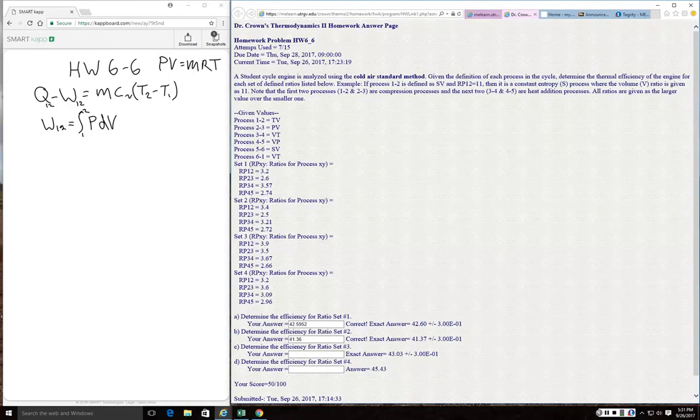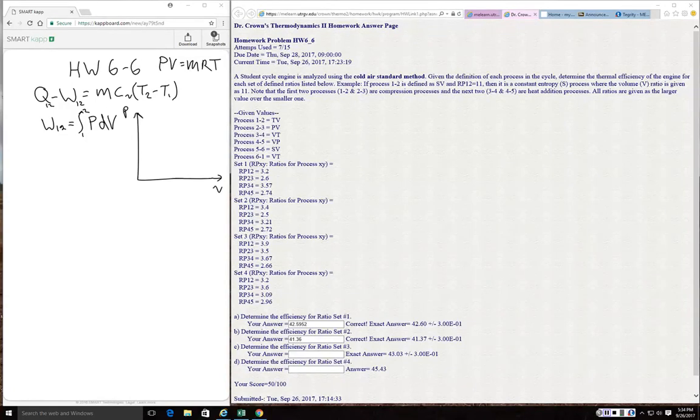I'm going to get my sheet where I've kind of worked it out on paper. Okay, so if you look at the problem, it says the first process is TV. So I'm going to do a little PV diagram.